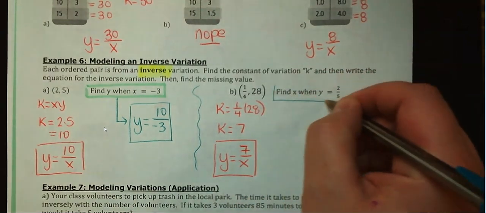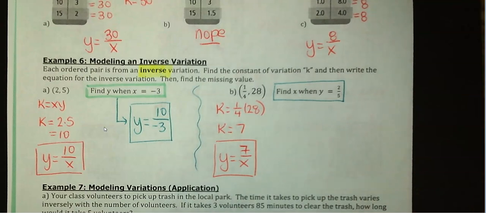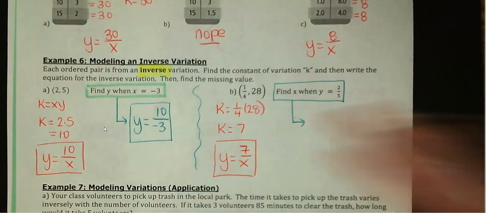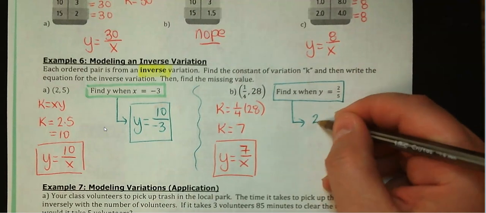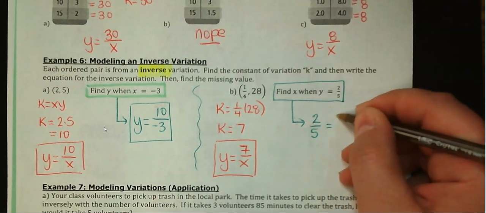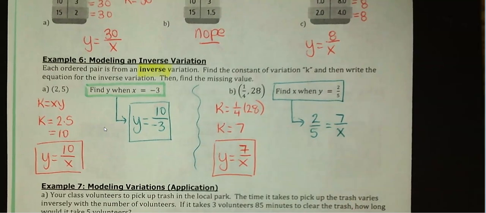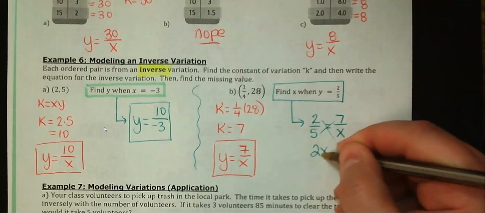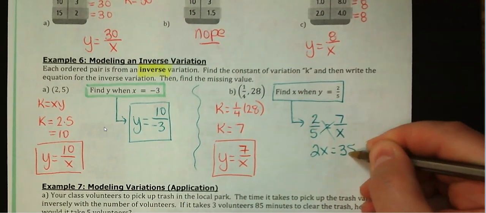Here's my secondary question. Find x when y is 2/5. So in for y, make sure you put it in for the right variable. So I'm going to put 2/5 in place of y, equal to 7 over x. Now, for that example, I would just do a little proportion real quick. Just cross multiply. You get 2x equals 5 times 7, which is 35.